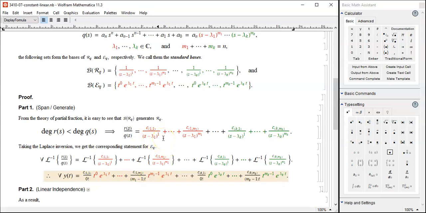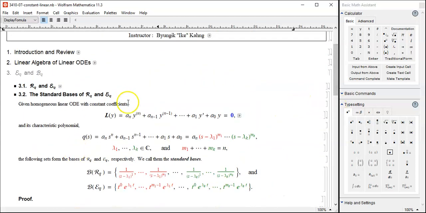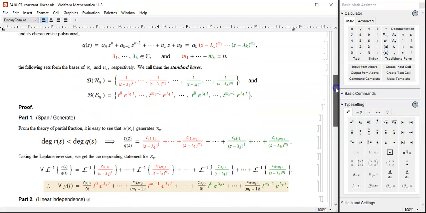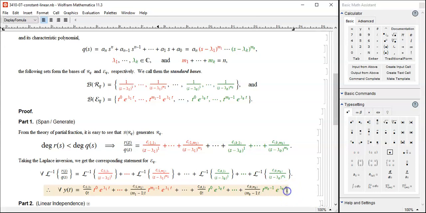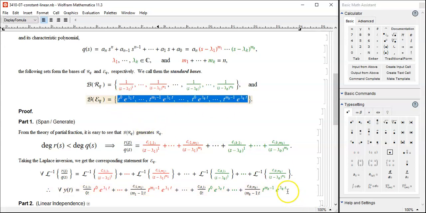Most of the times actually, I used to change the characters to something else, but this time it is necessary, so I went through all this in detail. So okay, in the end, what did you get? The arbitrary element of EQ, or equivalently speaking, arbitrary solution of this homogeneous linear ODE with constant coefficients, can be written as a linear combination of these functions.